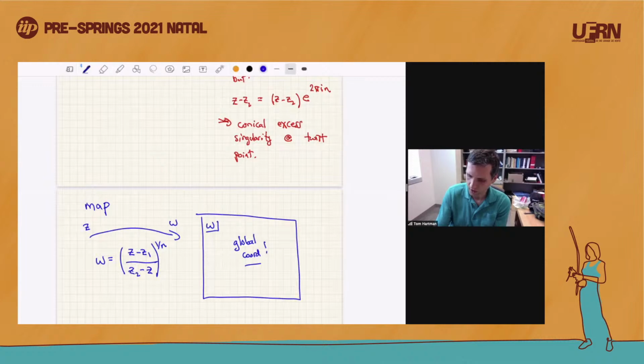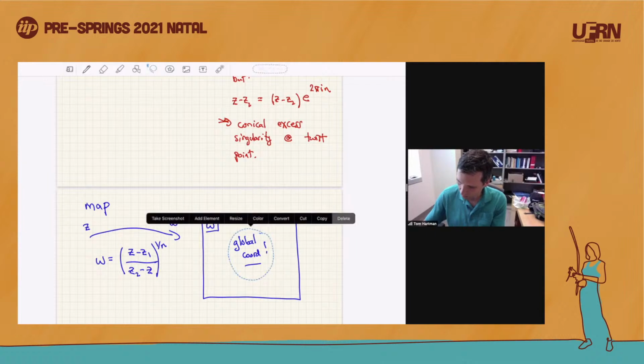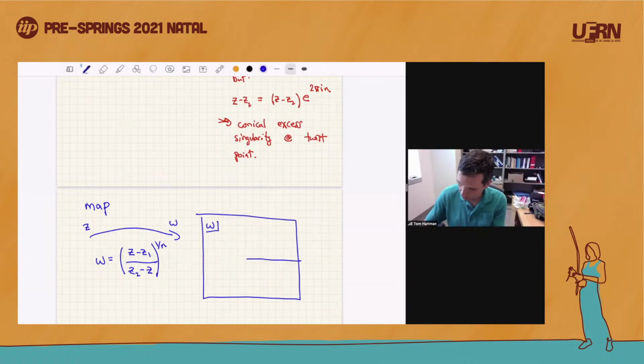If you look at this expression here, if you focus in the vicinity of one of these branch points, like z1, you can see how that's working. Clearly from this expression, if you go n times around z1, then you'll just go around the w plane once. Roughly what's happening here is that the w plane has a bunch of wedges on it, and these correspond to the n sheets of the z plane.